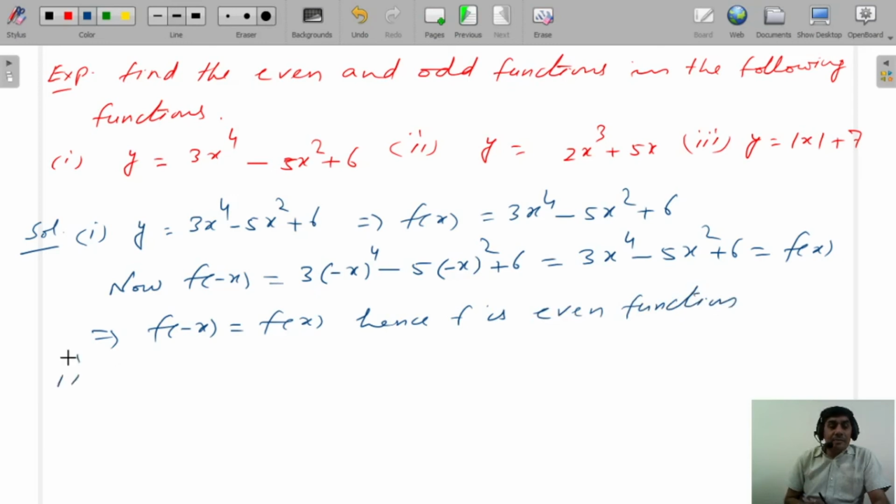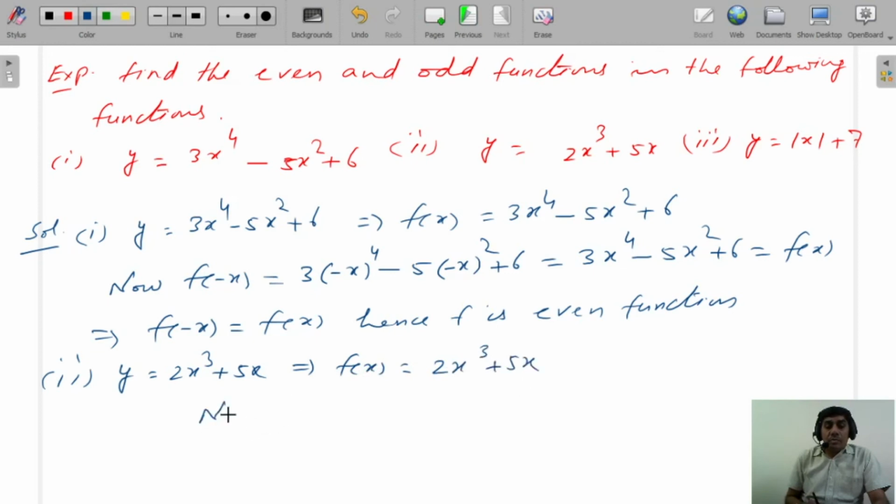Second, y is equal to 2x³ + 5x. This implies f(x) is equal to 2x³ + 5x.